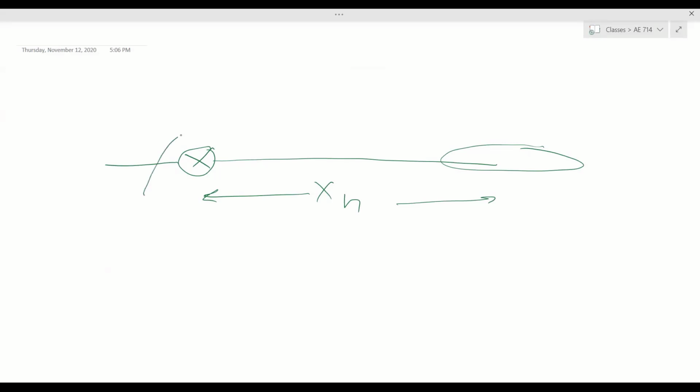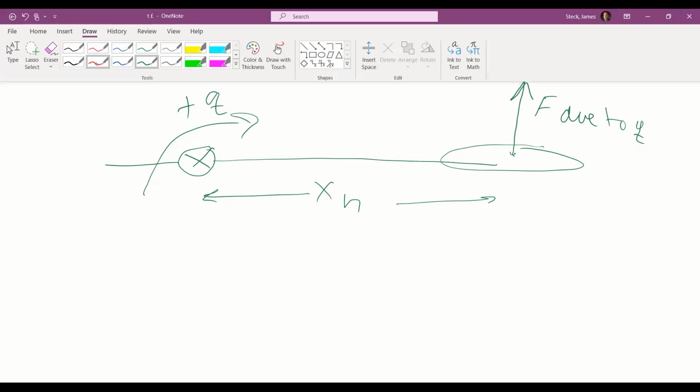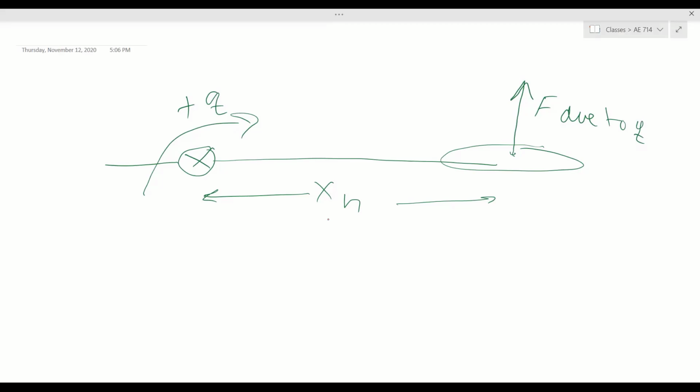You needed to show positive pitch rate like that. And then say that a change in angle of attack of the wing sweeping down produced a force. So this was worth 3 points, 3 points, and 3 points.